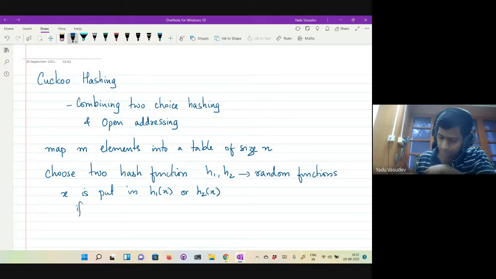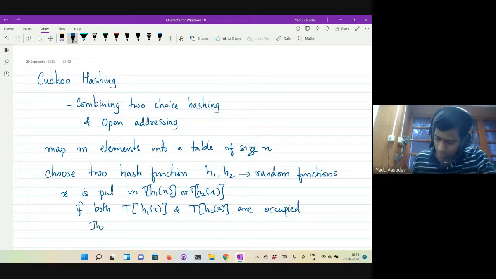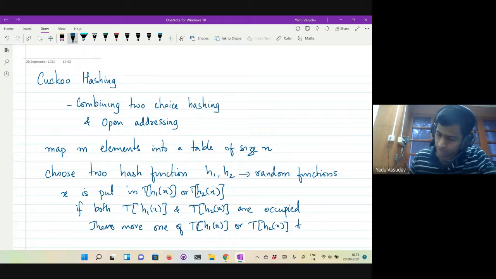So if T[h1(x)] and T[h2(x)] are both occupied, then you move one of T[h1(x)] or T[h2(x)] to its alternate position, right?